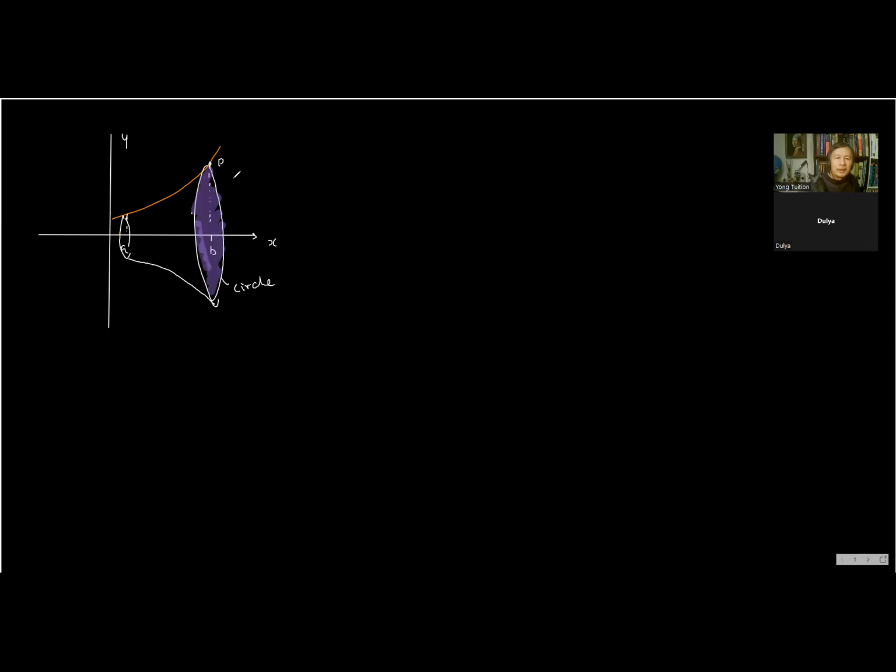So this area must equal pi r squared. Do you agree? And r could be anywhere, because this is a circle. In this special case, it's also equal to pi y squared.